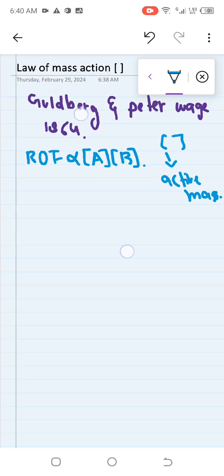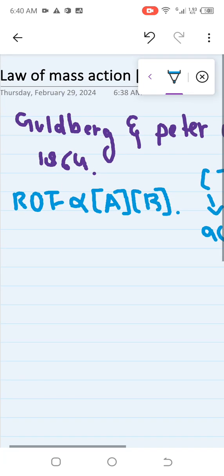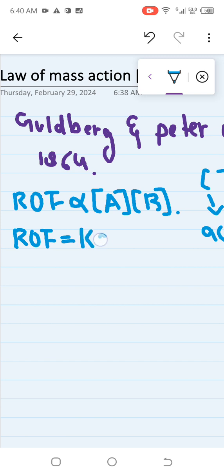Now here you can see, suppose the rate of forward reaction is directly proportional to the concentration of A and the concentration of B of the reacting substance. Whenever we remove the directly proportional sign, we put is equal to a constant, and here the constant is Kf. Same concentration A, concentration B. Now what is this K?